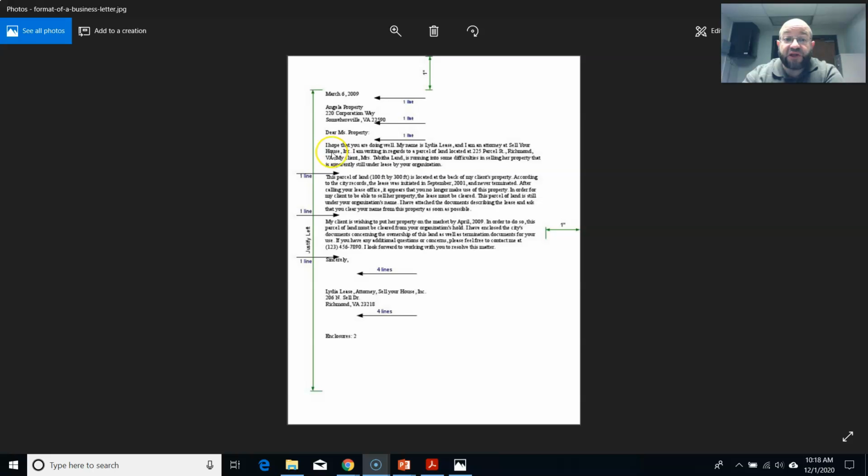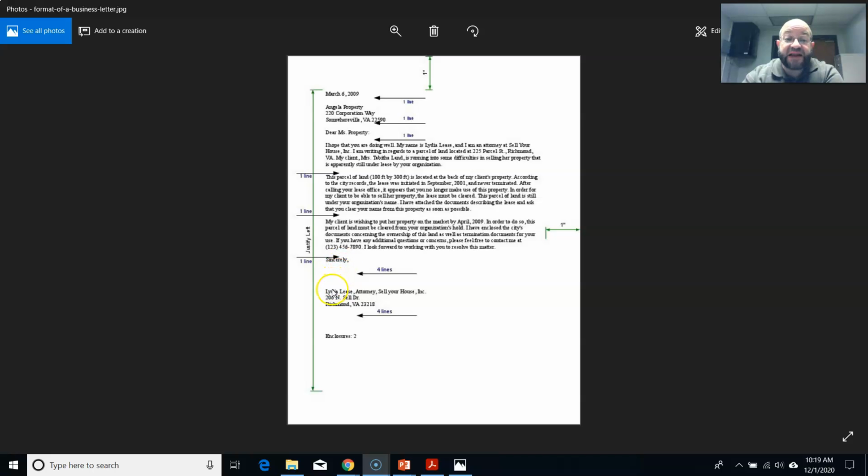Then you have some basic paragraphs, and notice the spacing. There is no indentation; it is straight, aligned to the left. No double spacing, but there is a clear distinction between the paragraphs: one line. Then you notice this gap here.